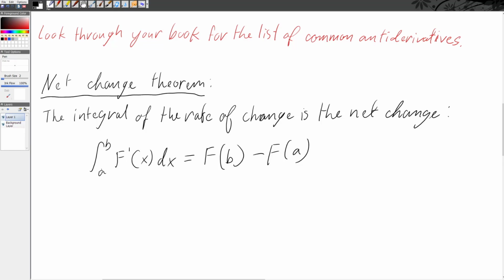And to take the integral of a derivative over an interval, just take the original function, evaluate it at the endpoint, minus the evaluation at the starting point.